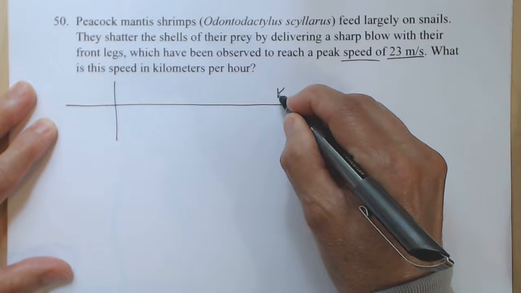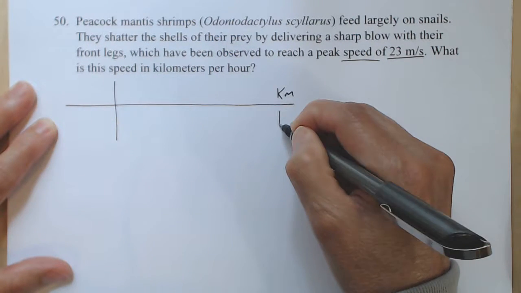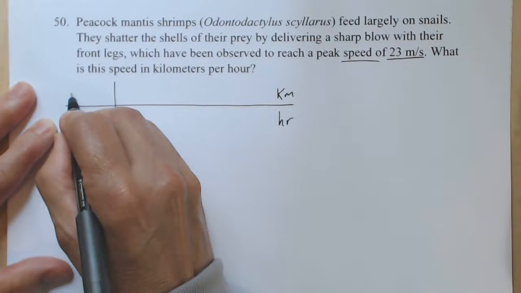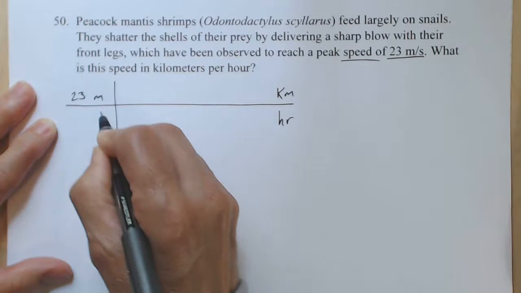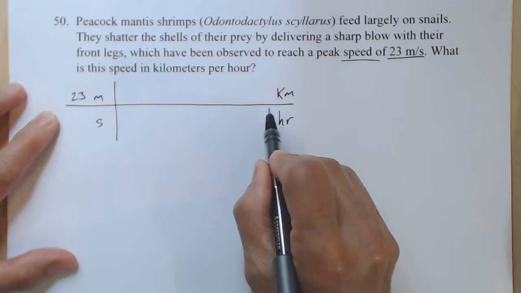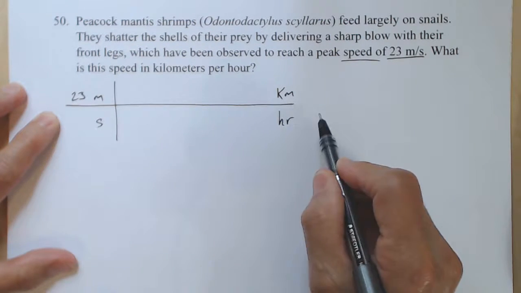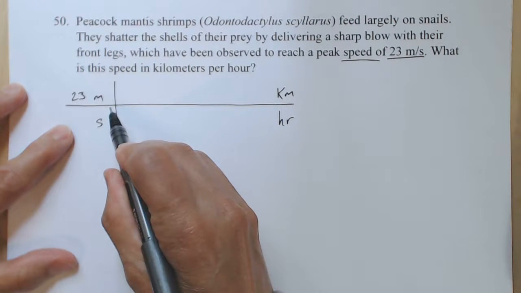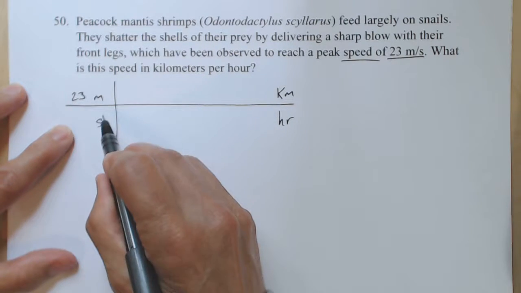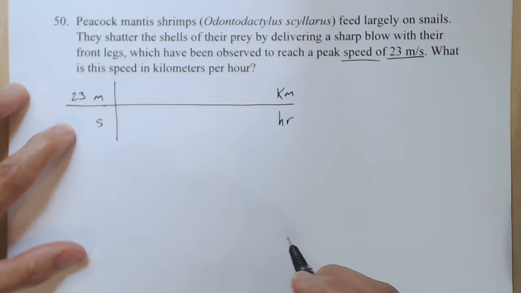So somewhere out here at the end, we want kilometers per hour. And we've been given 23 meters per second. And this horizontal part of the fence here, I don't know what you call that part of the fence, but that is also like the fraction bar. So it could be pronounced per, so meters per second, this piece here.